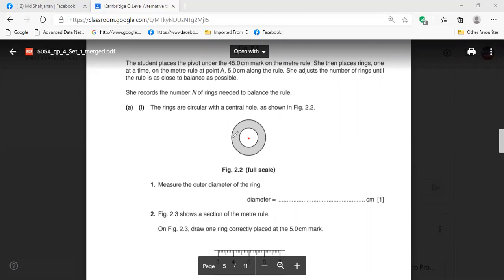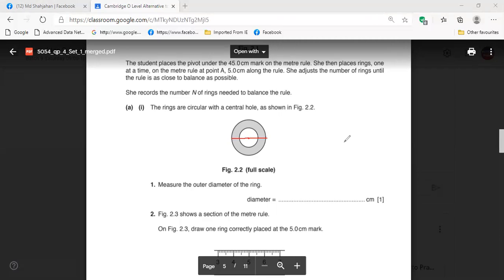Okay, so you got the outer diameter? Yes, sir. 2.2 centimeter. How did you get it? Did you measure it with your ruler? Yes, sir. Exactly 2.2, or less or more? No, exactly 2.2. What about Tamjid? Sir, I did not do question number 2 because it wasn't shown. Okay, now you do the way I'm doing. Make a center here, find the center, and through this center draw one line with your ruler and pencil. Then check the length. That will give you the diameter.